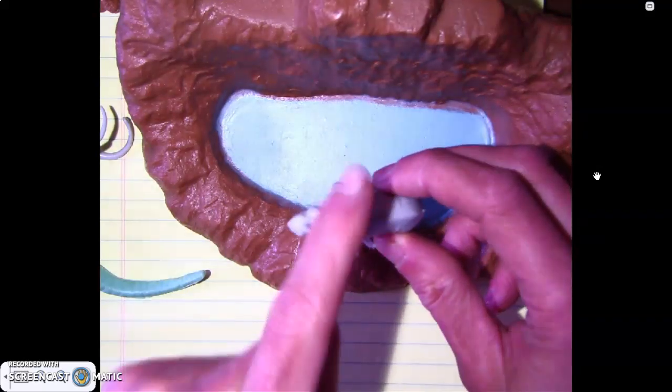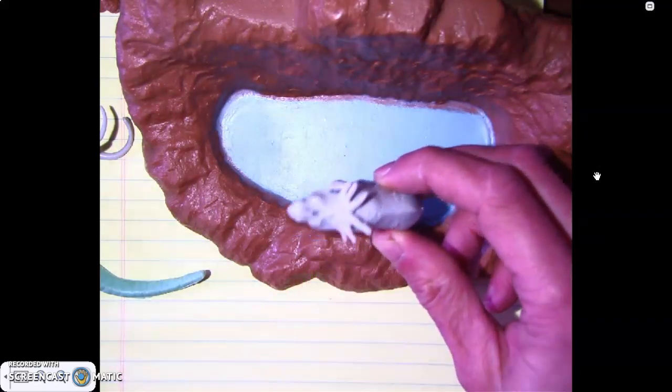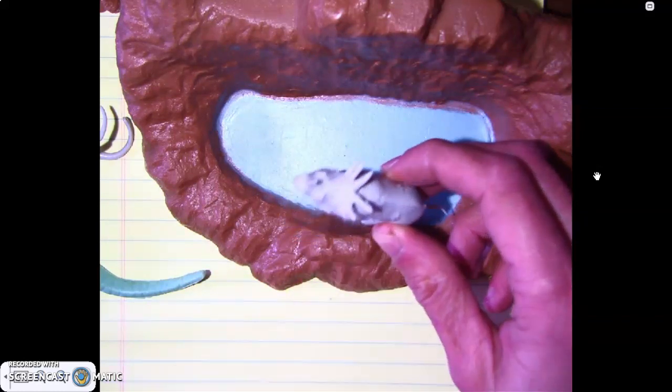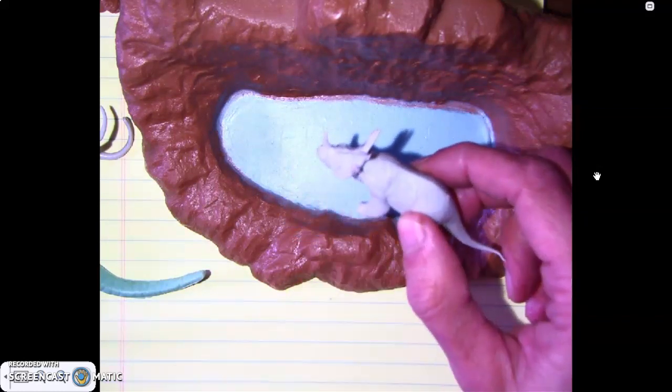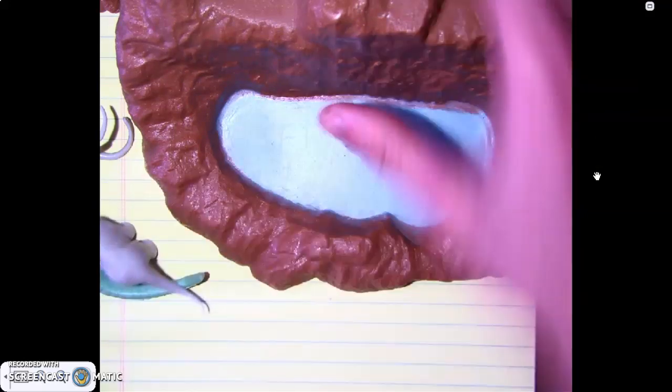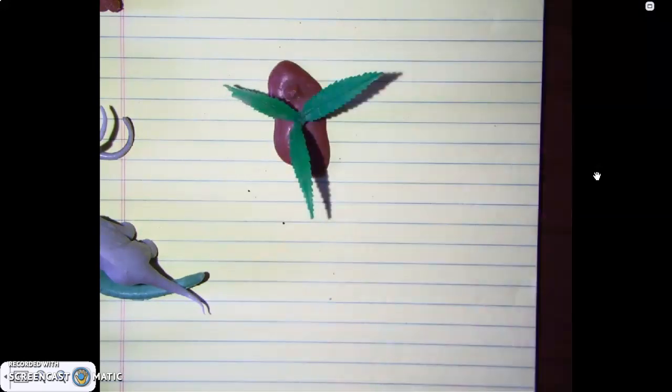Most of you know Triceratops had 3 horns. This was Styracosaur, a form of Triceratops. Triceratops was a group of dinosaurs, not just one. And the kit even came with some plastic plants to give it this kind of tropical fern-like feel to it. So kind of a fun little kit.